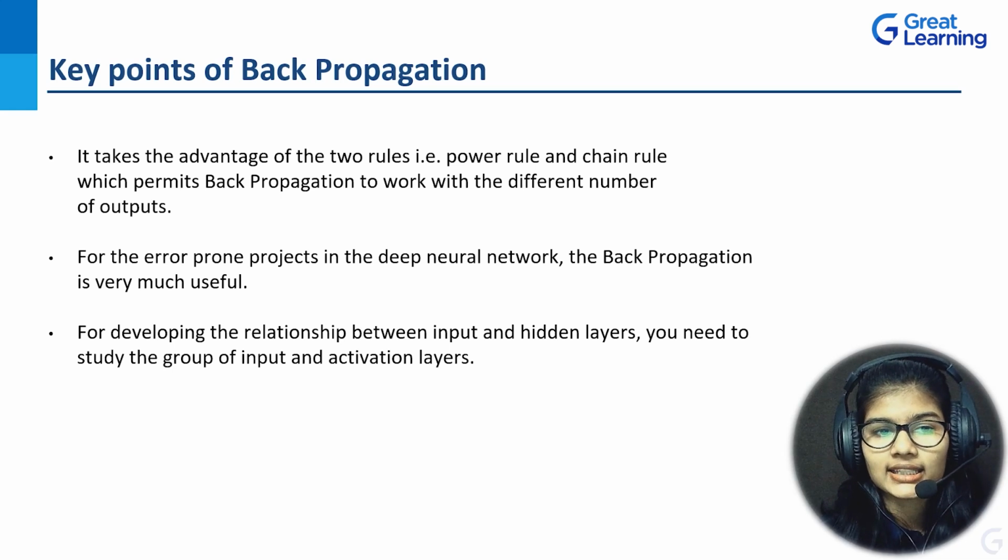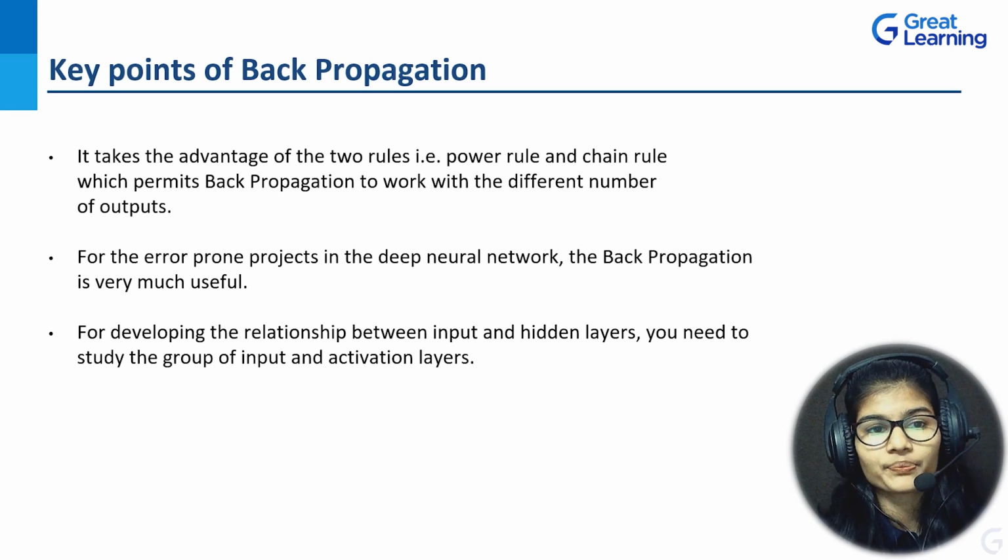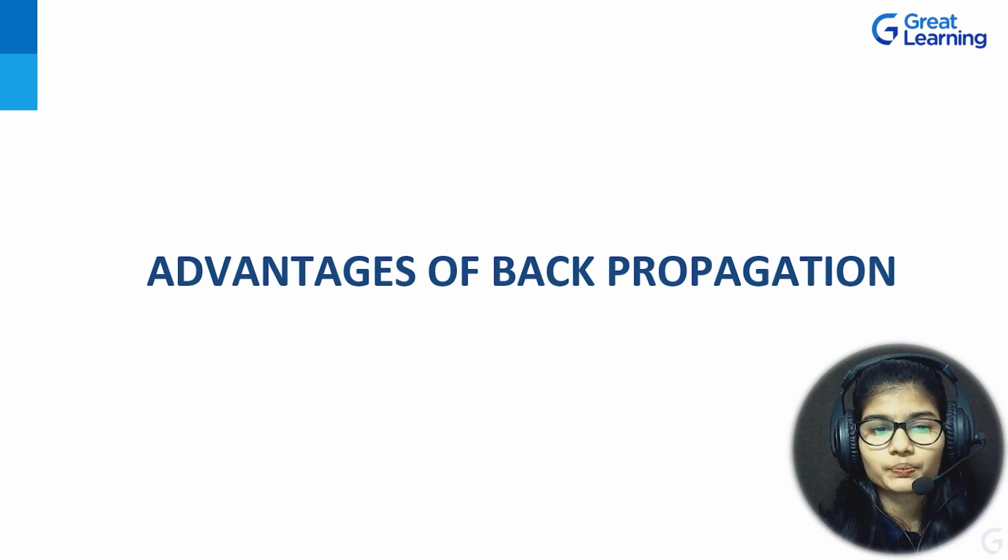Second, for error-prone projects in deep neural networks, backpropagation is very useful. Next, for developing the relationship between the input and the hidden layers, you need to study the group of inputs and the activation layers. So these were the key points for backpropagation.